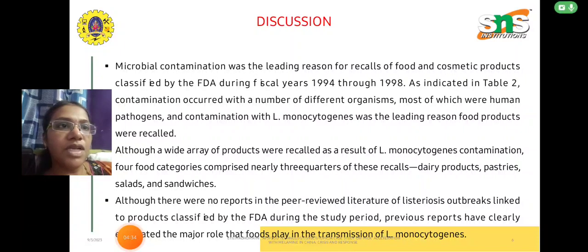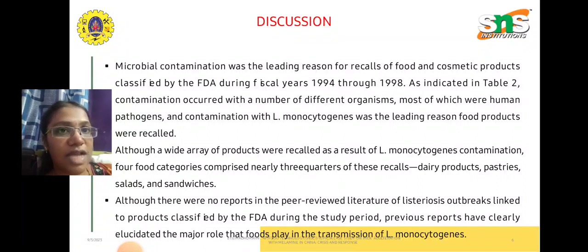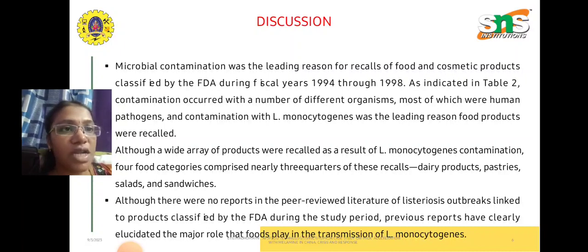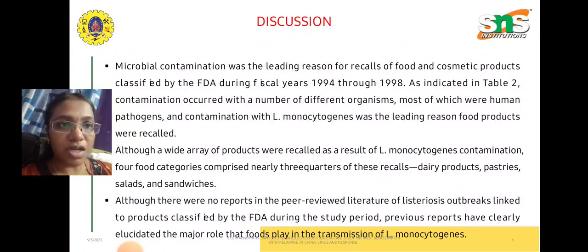Coming to the discussion here, keeping that case study in mind, microbial contamination was the leading reason for the recalls of food and cosmetic products classified by the Food and Drug Administration during the 94 to 98 fiscal years. As we have seen in table 2, the contamination occurred with a number of different organisms, most of which were human pathogens, and contamination with Listeria monocytogenes was the leading reason for recalls, as we already saw.